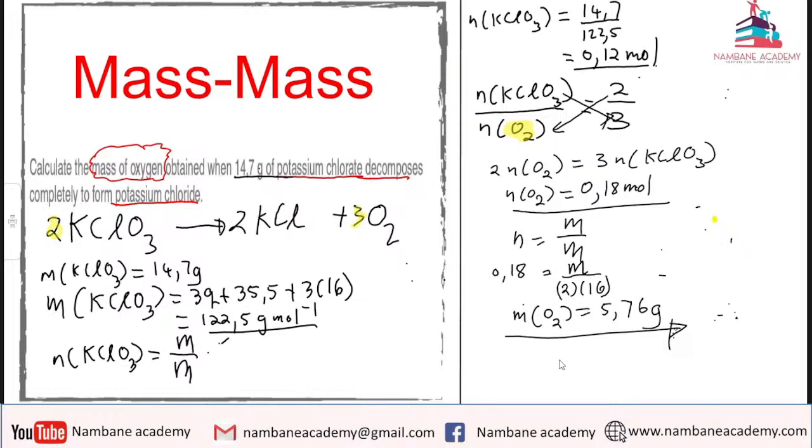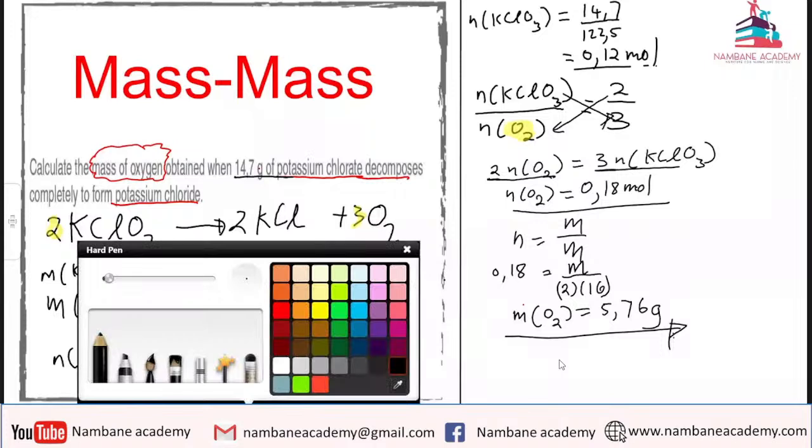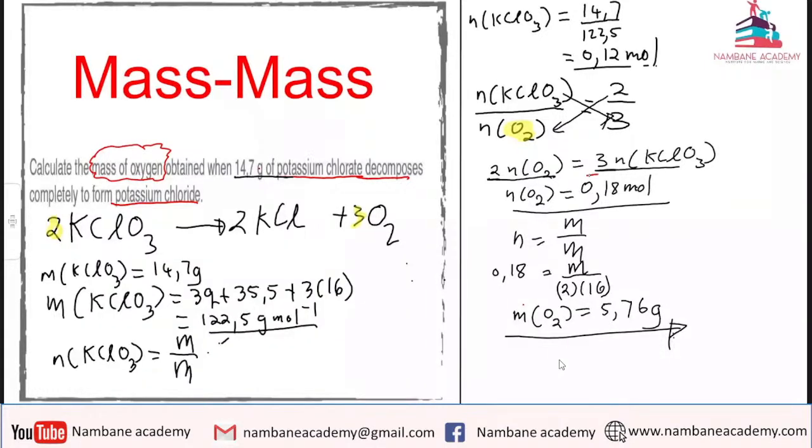So if you multiply N of O2 by 2, it will give you 2N of O2. Then you multiply the N of KClO3 with 3, it will give you this particular part. Then in between, let me use red pen. In between this step, you have 2N of O2, which is equals to 3 multiplied by 0.12.